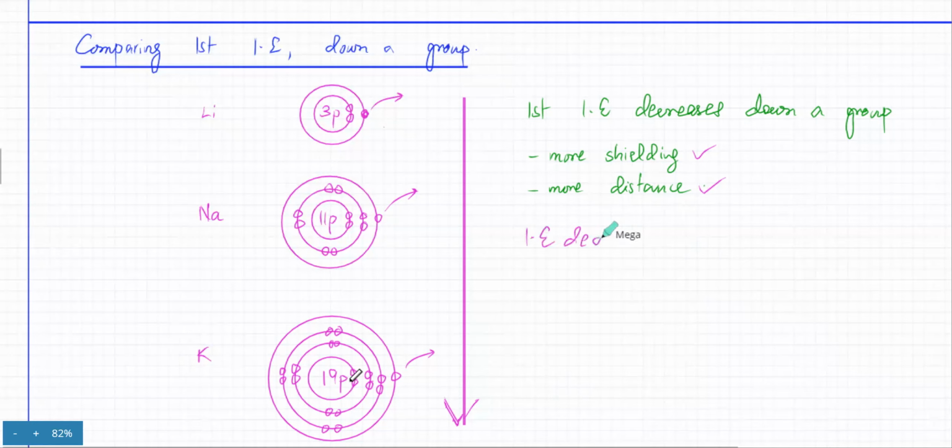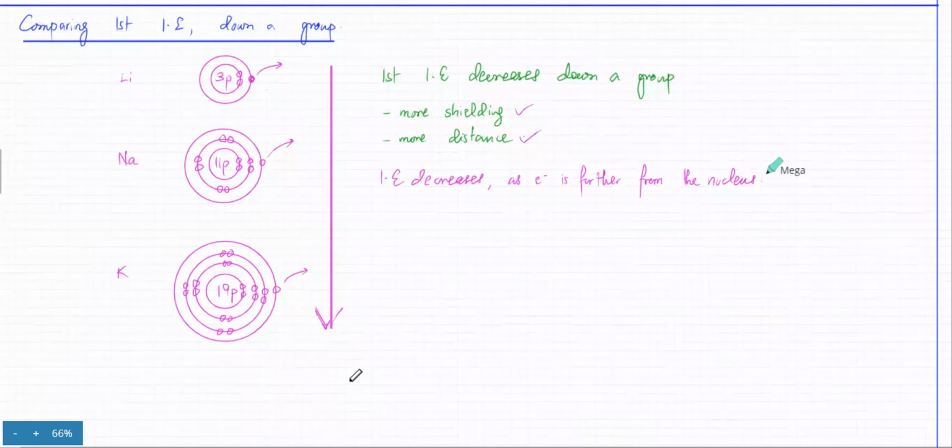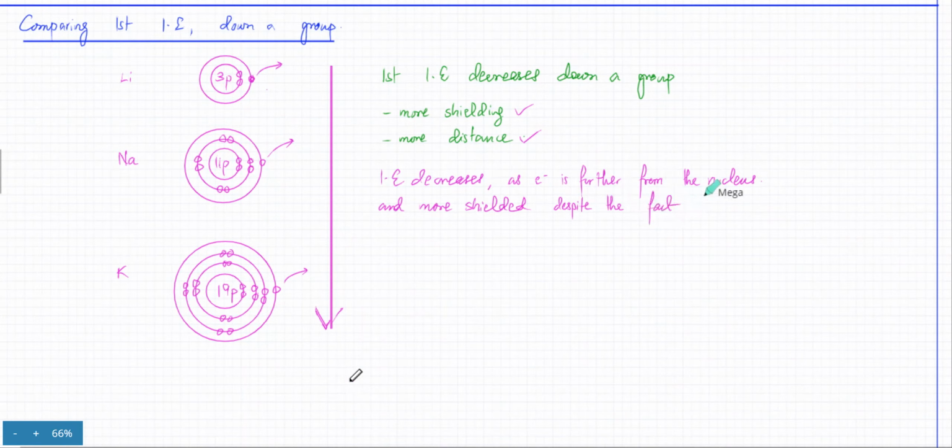So ionization energy decreases. Why? Because the electron is further from the nucleus, and the other thing is that it's further from the nucleus and more shielded, despite the fact that protons or nuclear charge increases down the group.